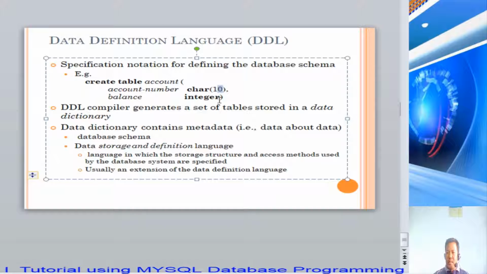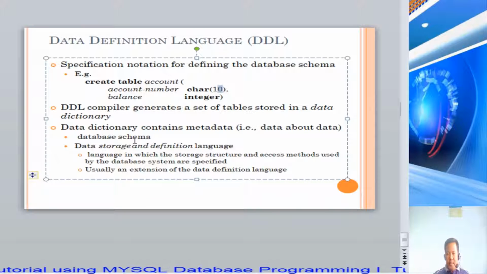And if you have several fields that should be incorporated in this table, then you just have to separate them by commas. Okay, until everything is done, then you save, or you press go.